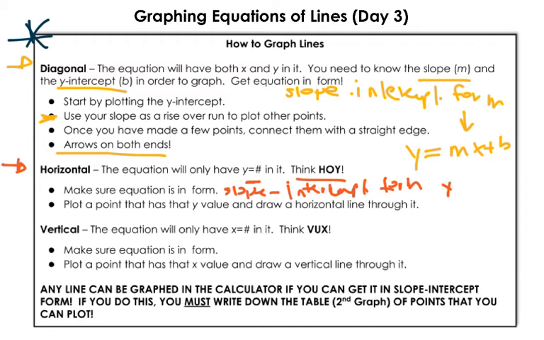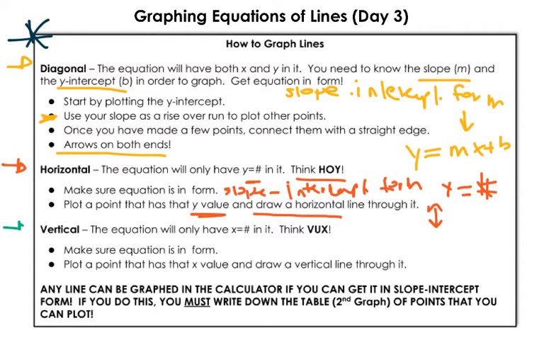But in this case, it'll just be y equals whatever number that is, okay? And then plot the point that has the y value and draw a horizontal line through it, okay? This will also have arrows on either end.